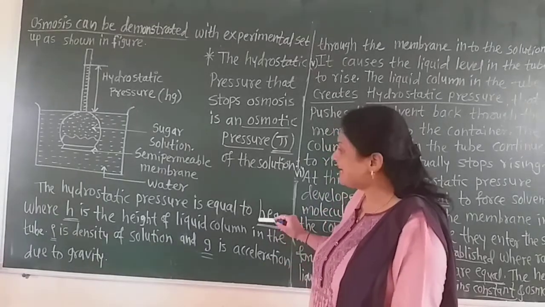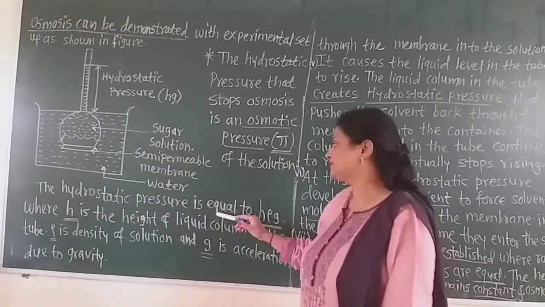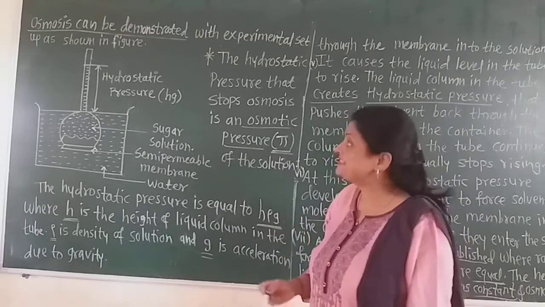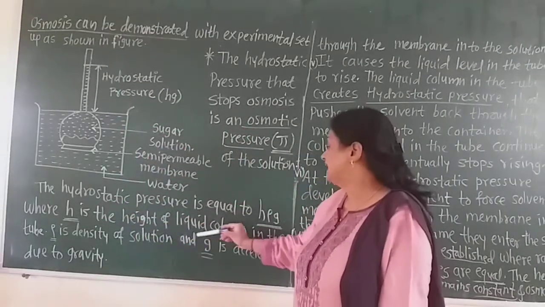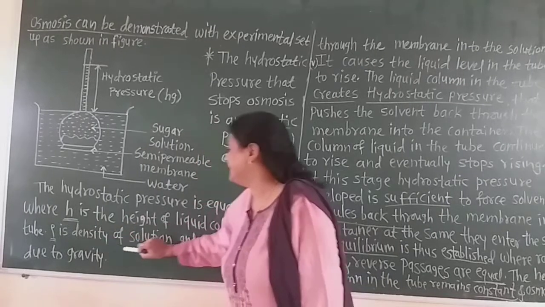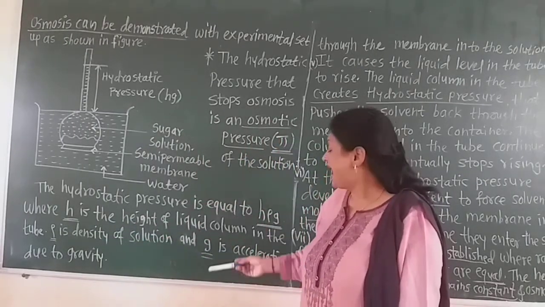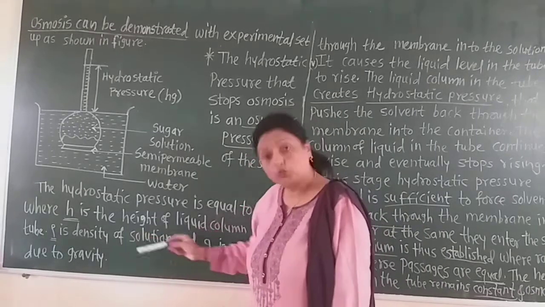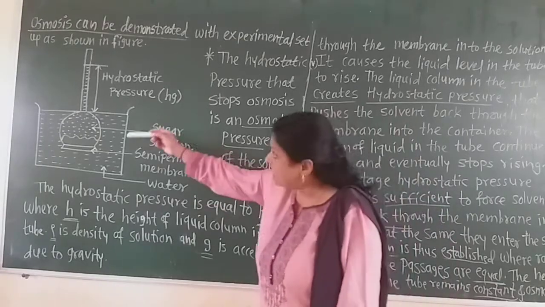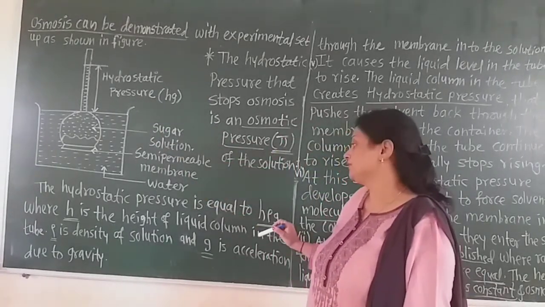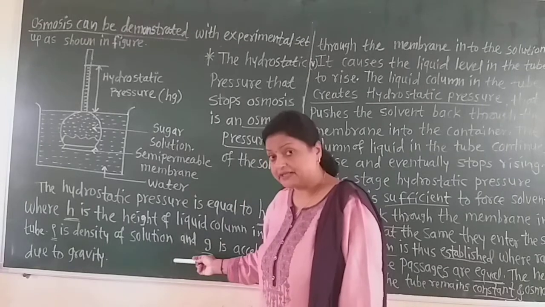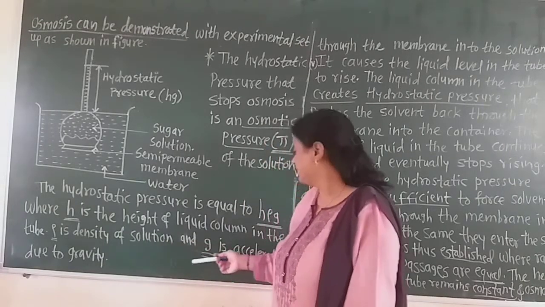Here h is the height of the liquid column in the tube, rho is the density of the solution, and g is the acceleration due to gravity.